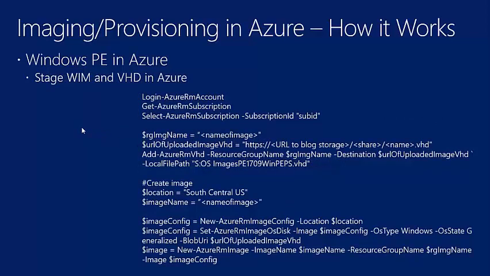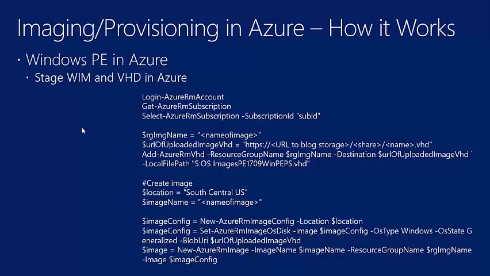So obviously we need to be able to get the WIM that we're using to image onto the VHD into Azure. So we'll also need to get the VHD that we've loaded with PE up into Azure. So there's a couple of PowerShell scripts that we'll use for the process next. This one that you see, you won't see me demonstrate this because it takes not a short amount of time for a couple of the different steps.